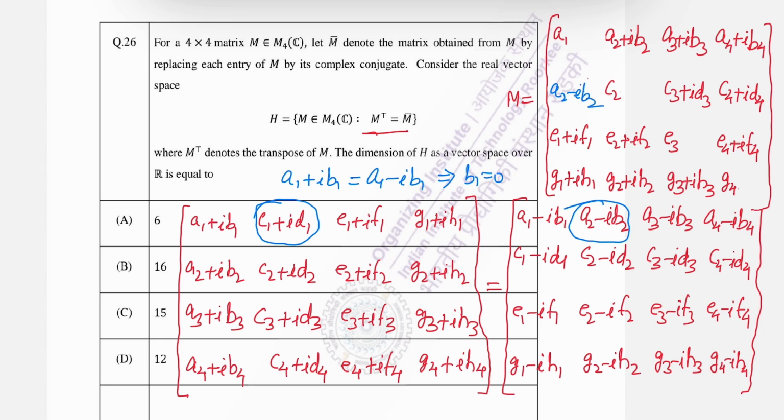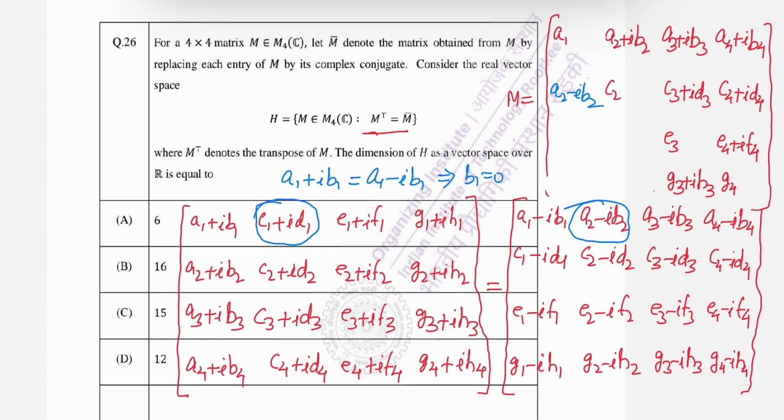Okay, if you go in the same way and compare all the entries, then the matrix will reduce, as I show you.